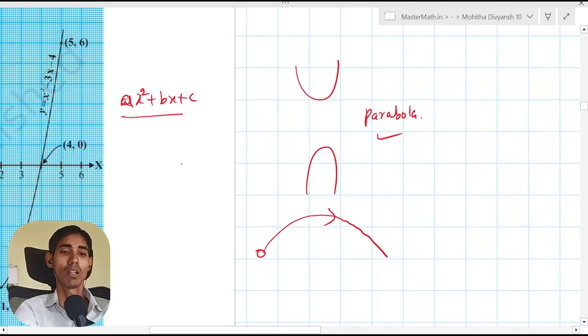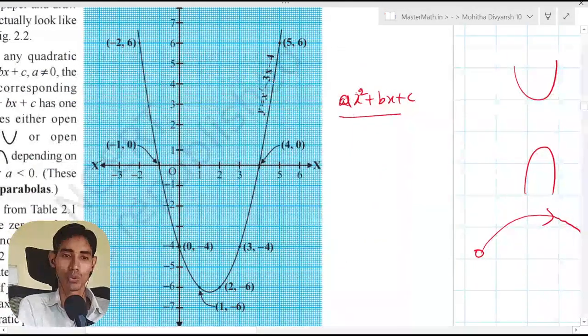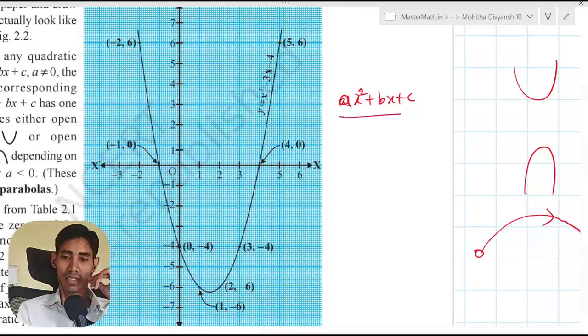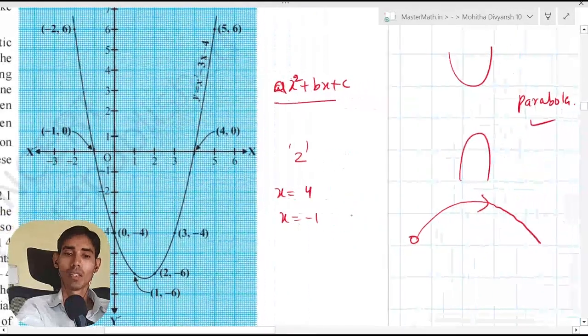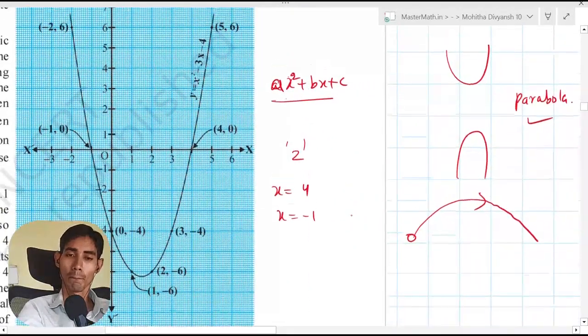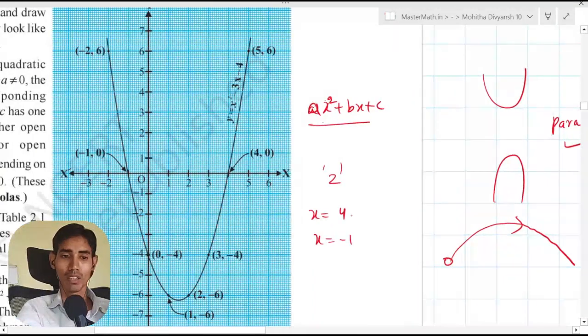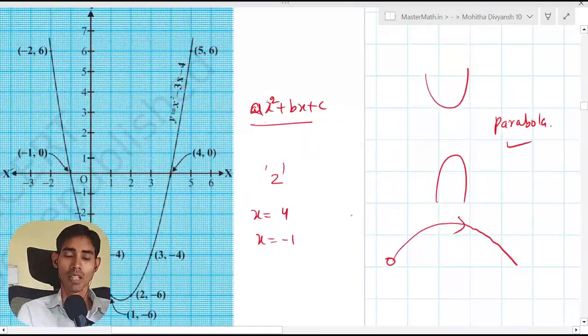Now, how many zeros do these parabolas have? 2. Okay, that is the right answer, and you can get the values of x also, the zero values: x equal to 4 and x equal to minus 1. Now a little additional detail.